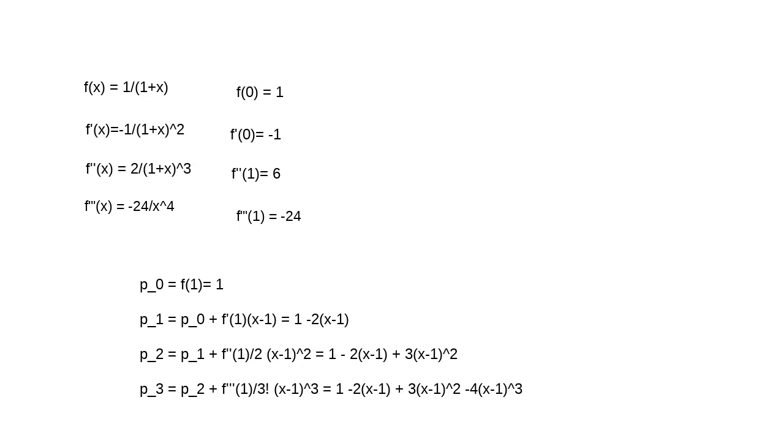Then f double prime of 0 is just 2. The triple prime: negative 3 times 2 gives negative 6, divided by 1 plus x raised to 4. Then f triple prime of 0 is equal to negative 6.